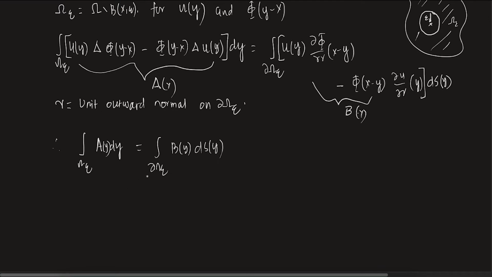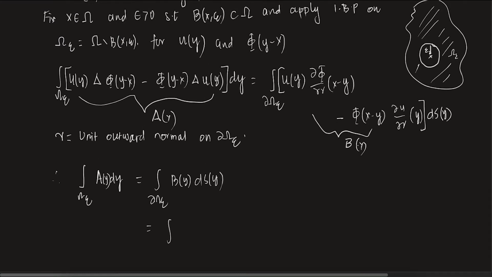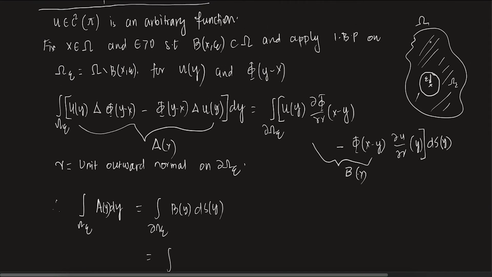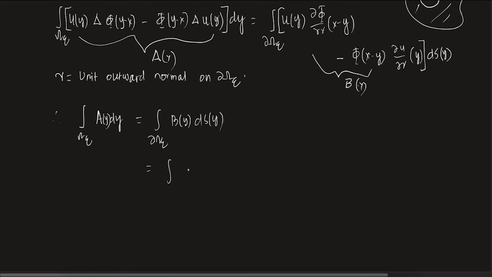Now let's break this part. What is the boundary of omega epsilon? Omega epsilon consists of the interior points, so the boundary is, of course, the boundary of omega plus the boundary of this ball. So it's the boundary of the ball with center x and radius epsilon.